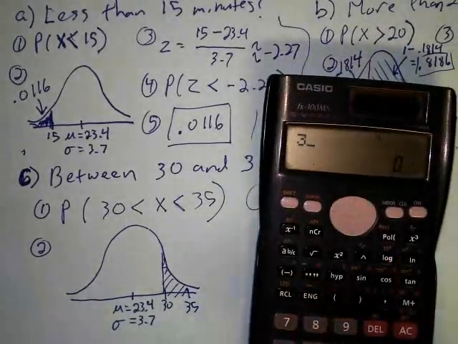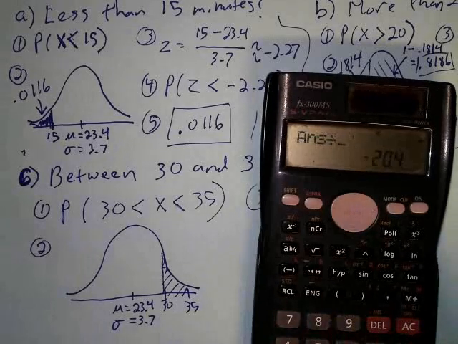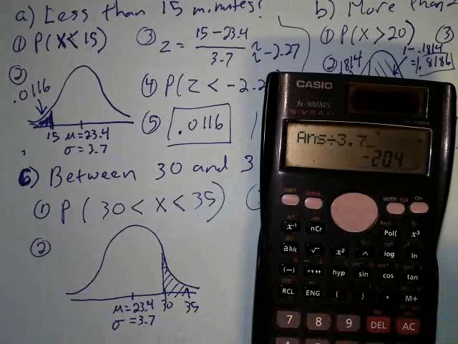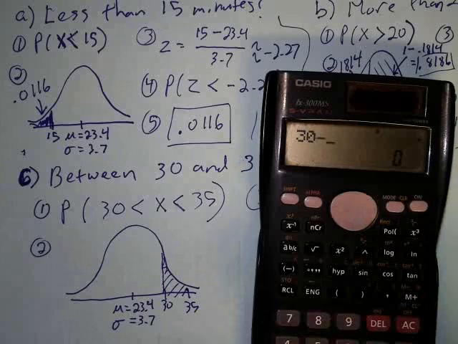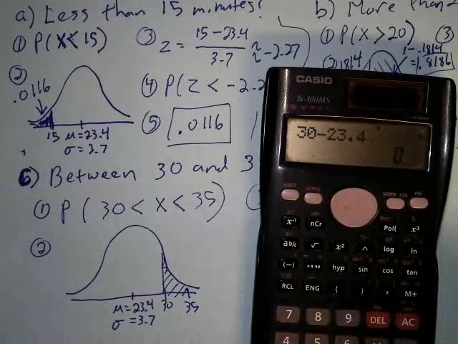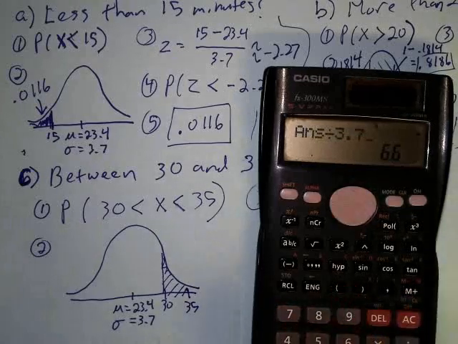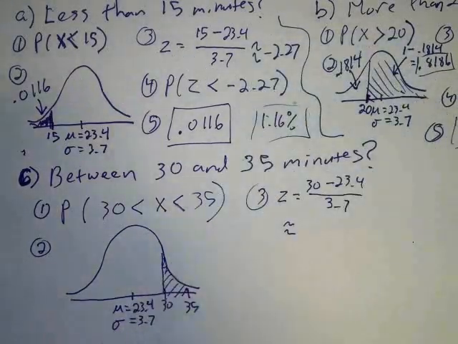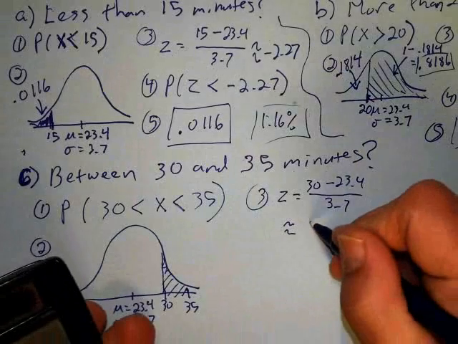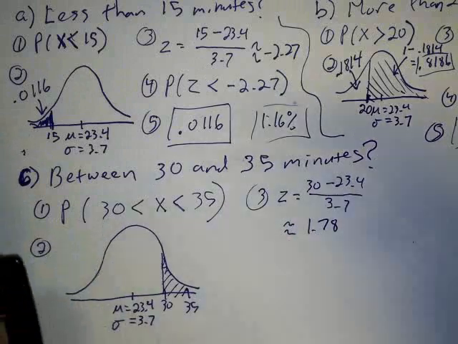Oops, I did something wrong here. I think my 0 button sticks, so sometimes it doesn't put the 0 in there. So there we go. That is 1.78. So that's almost 2 standard deviations above the mean, isn't it?